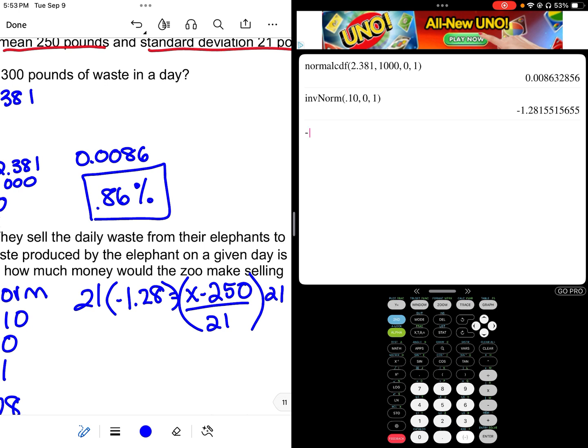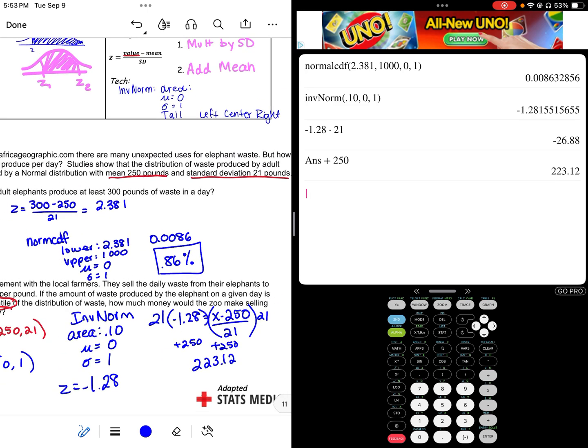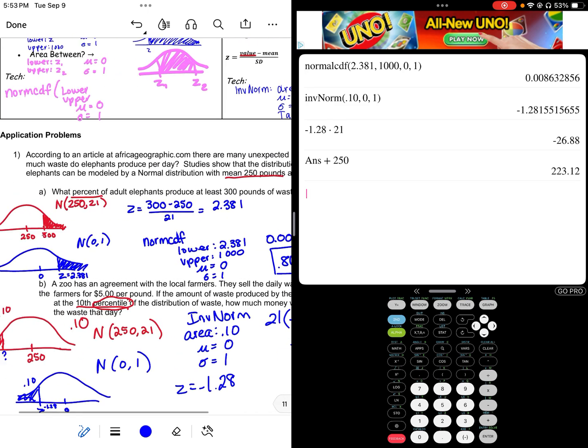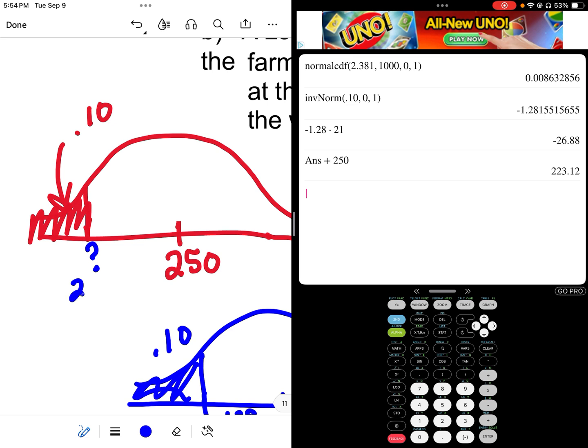So I'm going to do that here, negative 1.28 times 21. And then you would add the 250 if you're just doing your algebra. I'm not going to write too much here. 223.12 is what our value is. So that is what this is, 223.12.